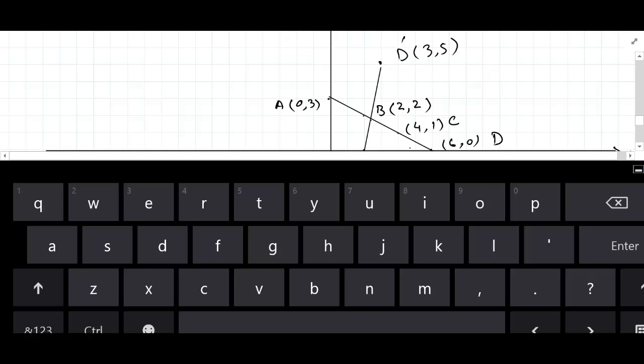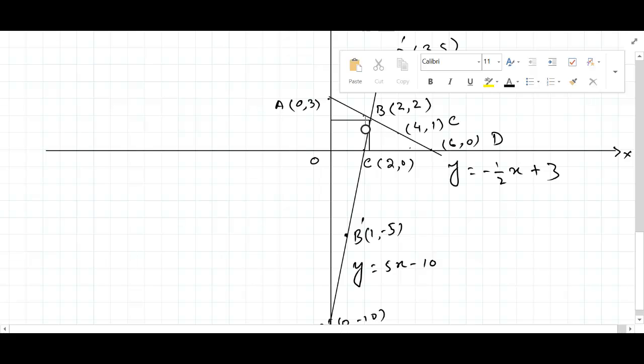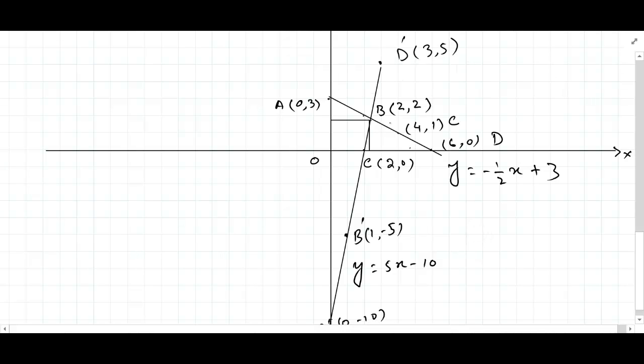So let's draw another line here. And this is a good approximation of this point. And here you can see the value of x means this distance, and this is the y distance.